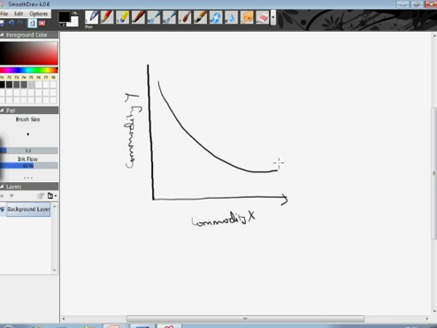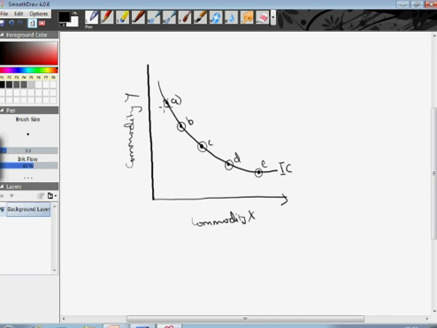This is the IC curve, the indifference curve. We get the different combinations of the two commodities used, X and Y, on this curve: A, B, C, D and E.